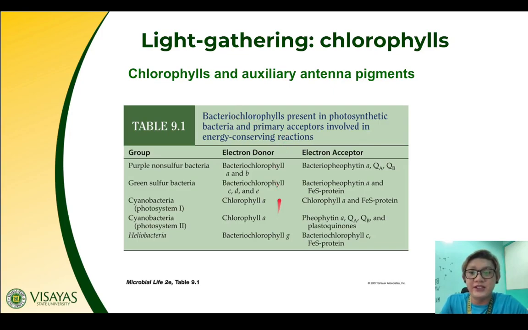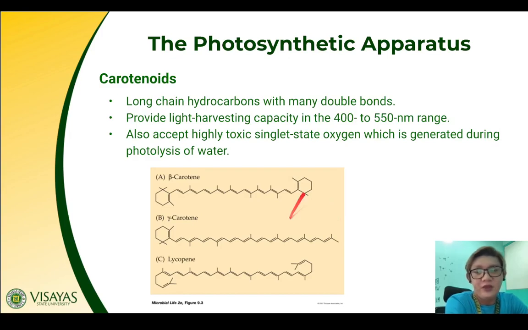So for purple non-sulfur bacteria, they basically have bacterial chlorophyll A and B. Well, for green sulfur bacteria, they have bacterial chlorophyll C, D, and A. Cyanobacteria have chlorophyll A for photosystem 1 and 2, and bacterial chlorophyll G for heliobacteria. And these are the different types of electron acceptor that are present in these different groups of photosynthetic organisms.